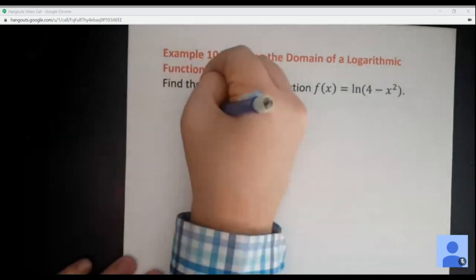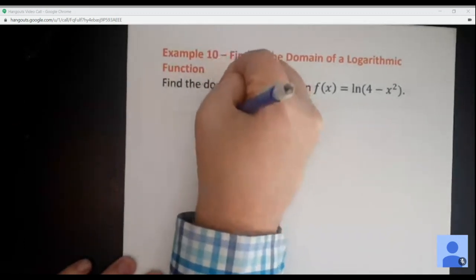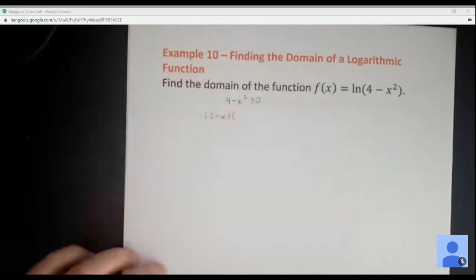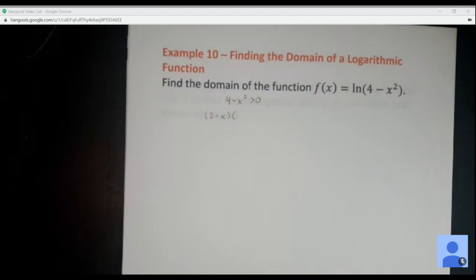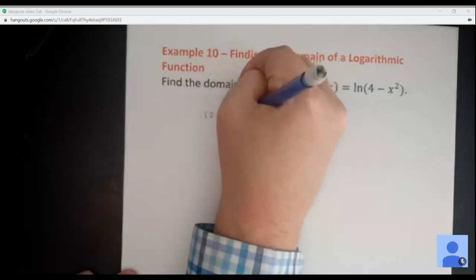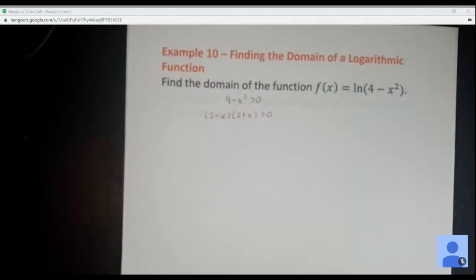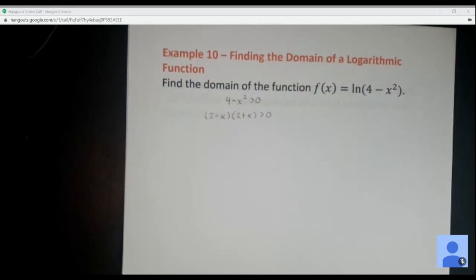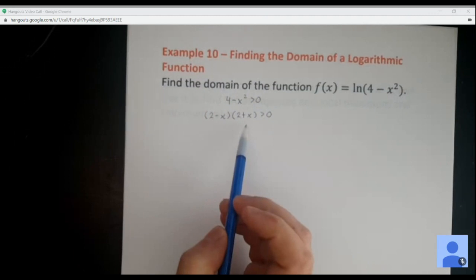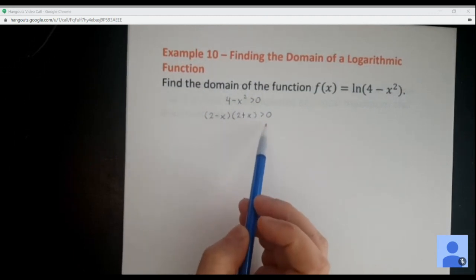Okay, so we're going to say 2 minus x is one of our factors. And because it's a difference of squares, what's the other factor going to be? Good, 2 plus x. Okay. So since we have a difference of squares, first step is going to be to factor that. We're going to get 2 minus x times 2 plus x, still greater than 0.